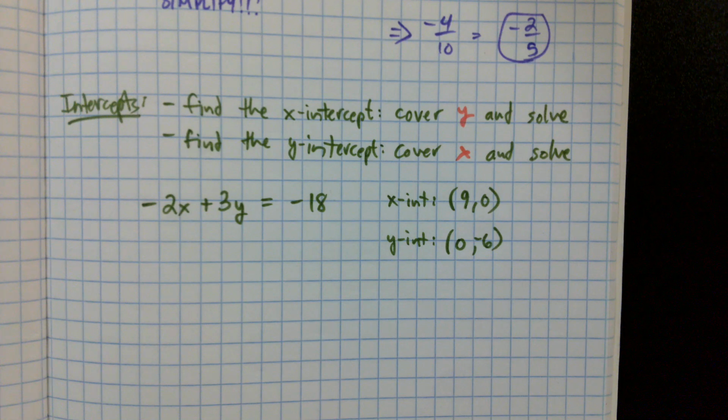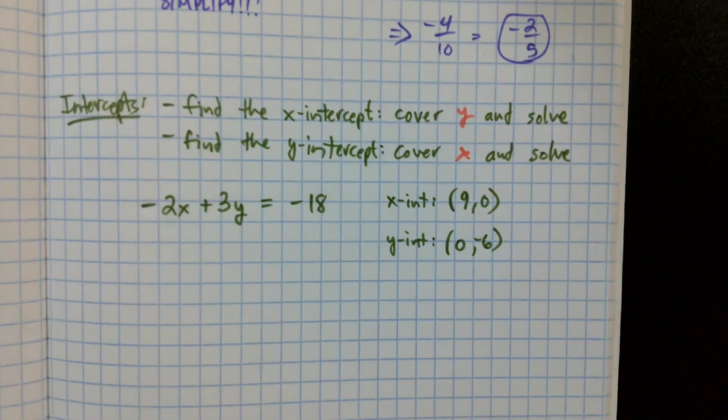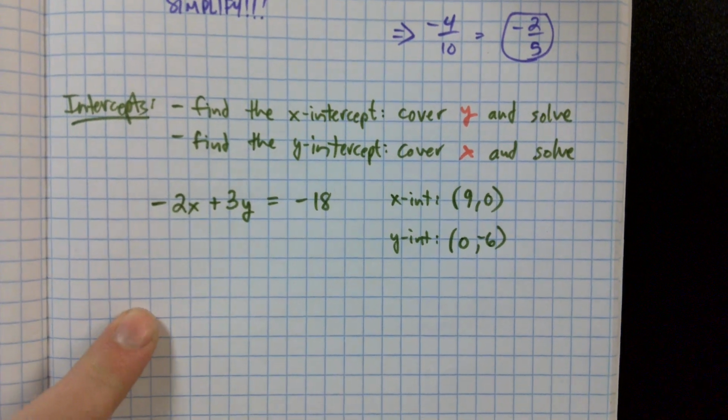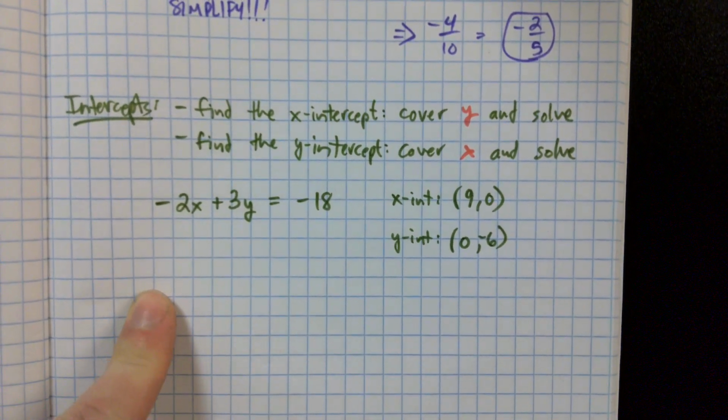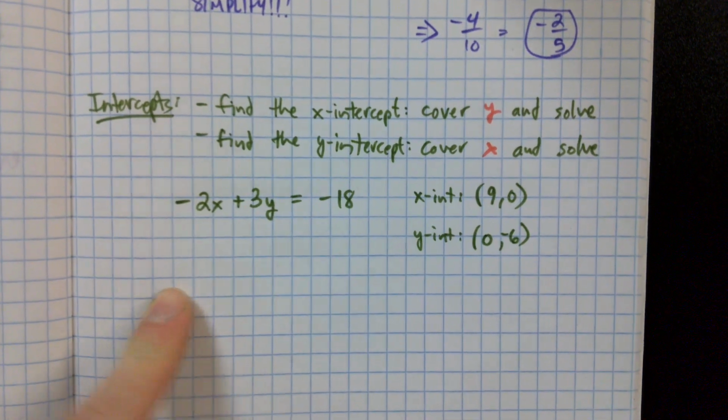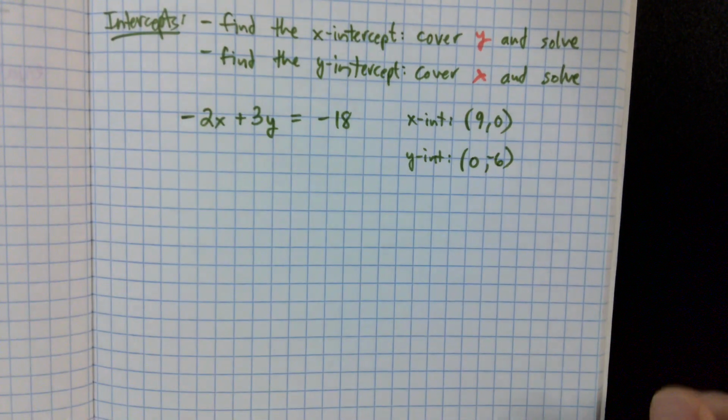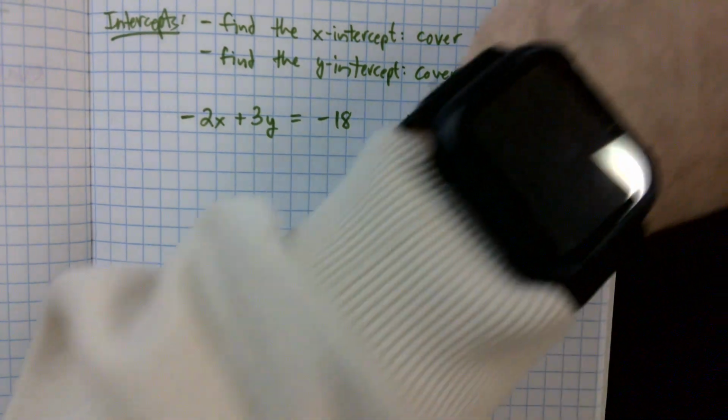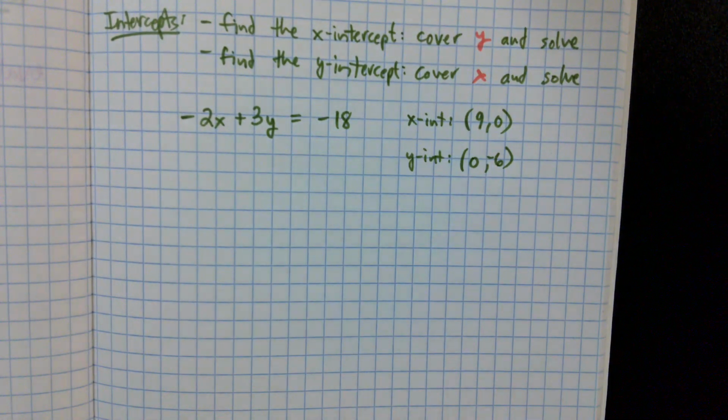All we're doing is dividing those two numbers together. Any questions on the x-y intercepts? Okay.